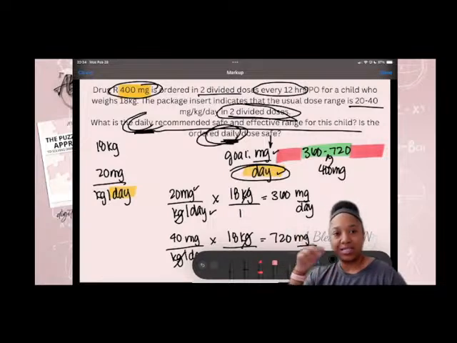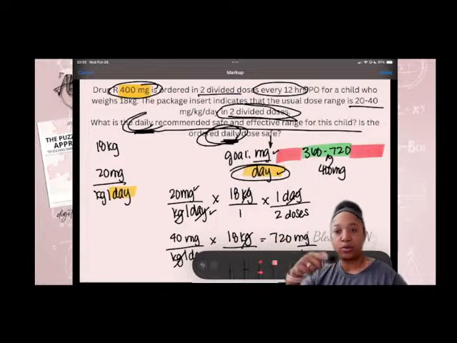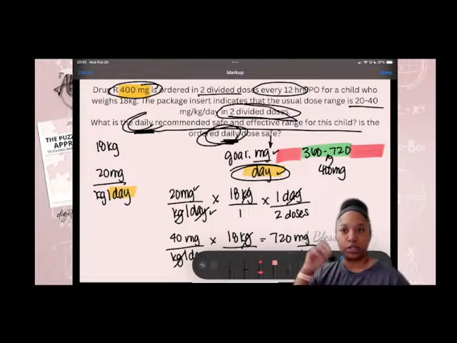So in one day there would be two doses. So we would just make it look like this. One day, two doses. And you see how the day is crossed out and you have milligram per dose and doses on the bottom, then that's how you would have done it if it was just for that one dose.